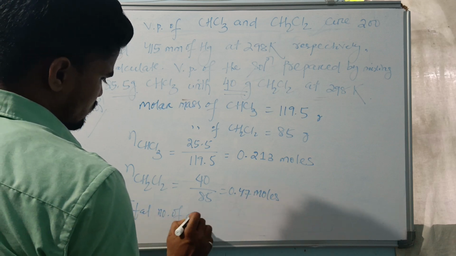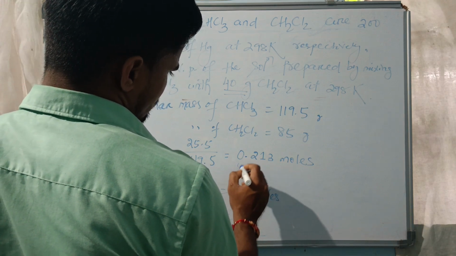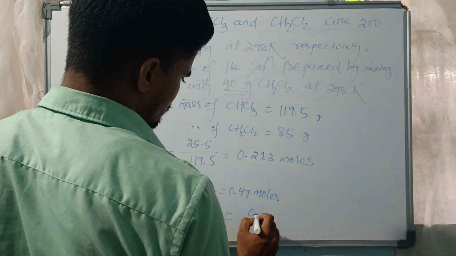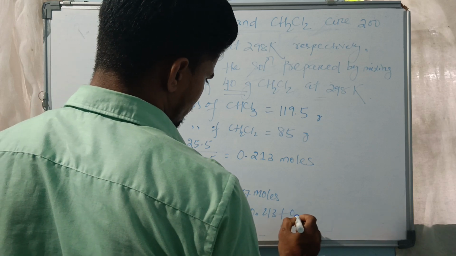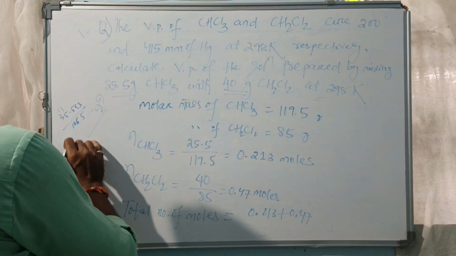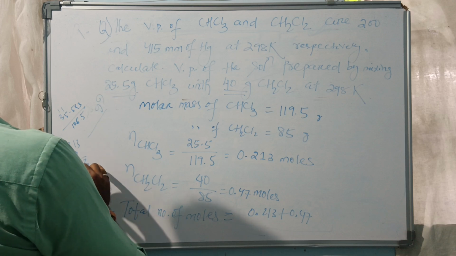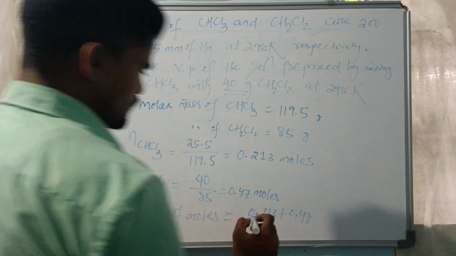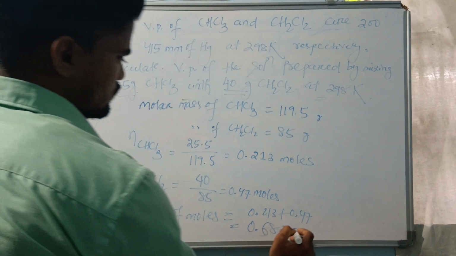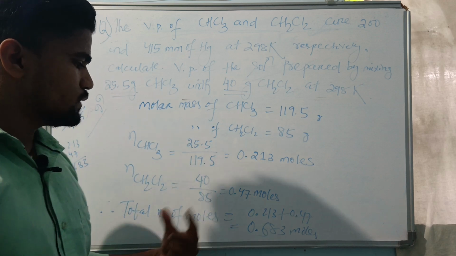Total number of moles is equal to 0.213 plus 0.47, so it is equal to 0.683 moles, right? So we get the total number of moles of these components.